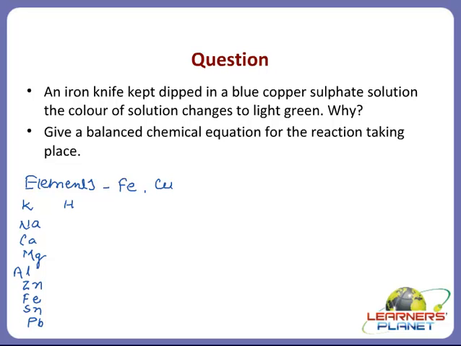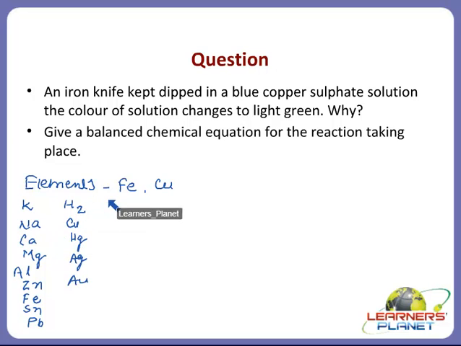Below hydrogen are copper, mercury, silver and gold. The metals below are less reactive, whereas the above ones are more reactive. Now the more reactive metals can displace less reactive metals from their salt solution.